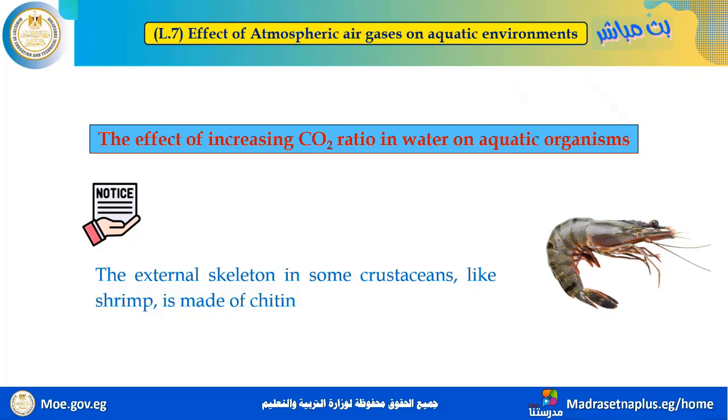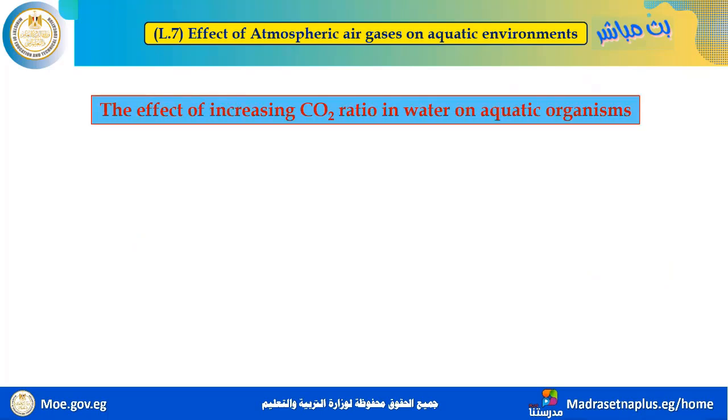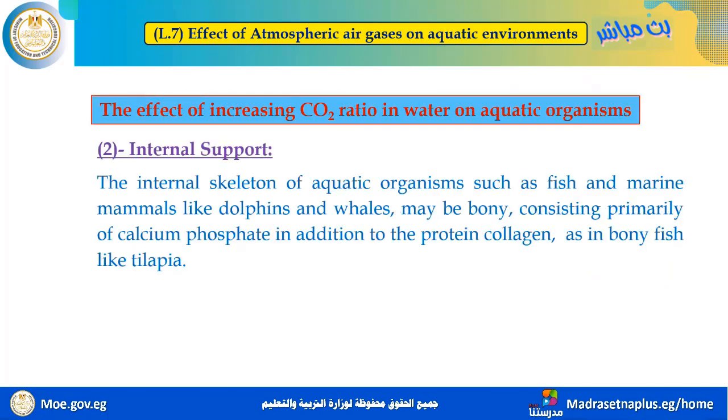Okay, now my dear students, let's talk about the internal support and how the carbon dioxide gas ratio affects the internal support of the living organism. Especially, yes, we're talking about the aquatic organism because our unit is what? Yes, it is the aquatic environment or the aquatic ecosystem.